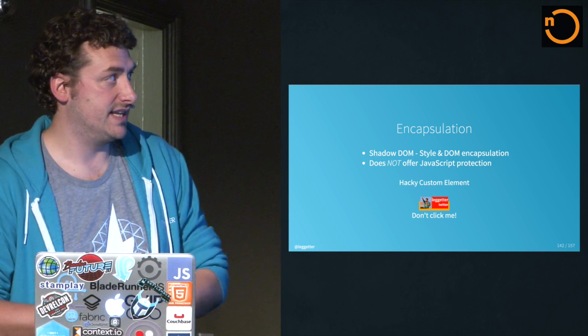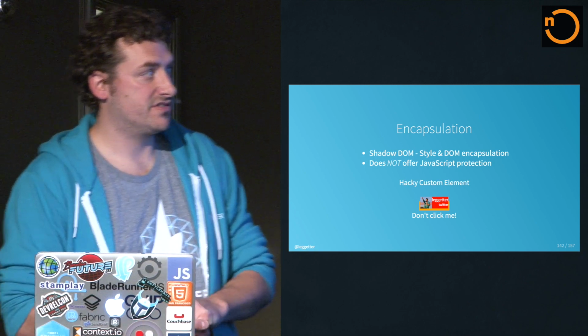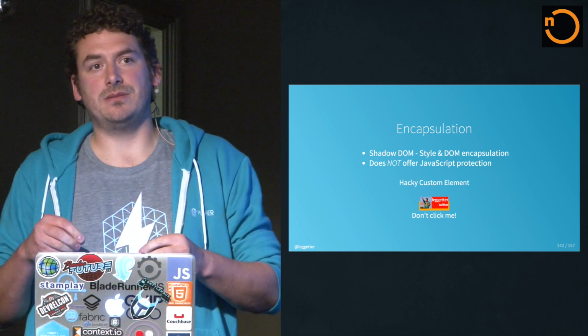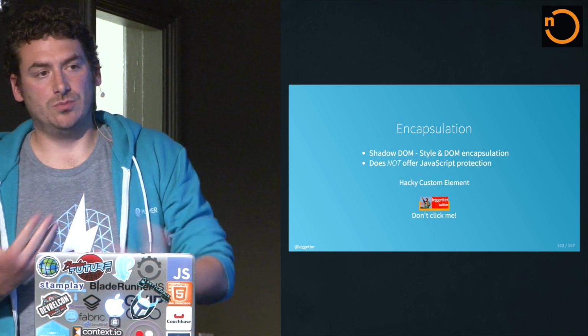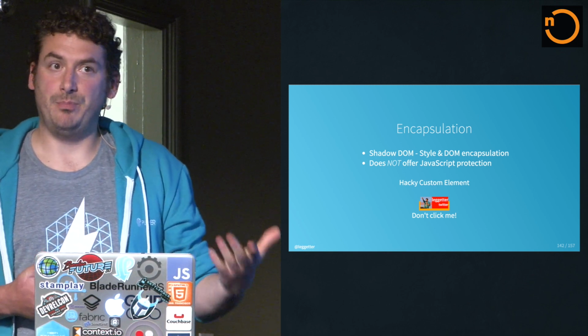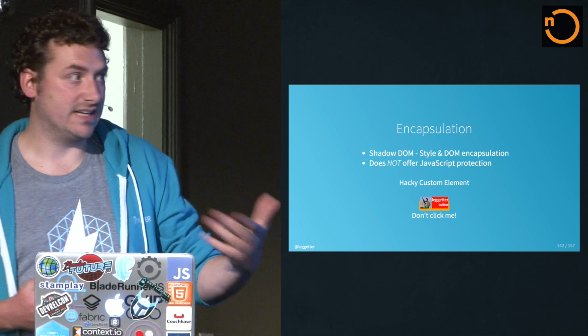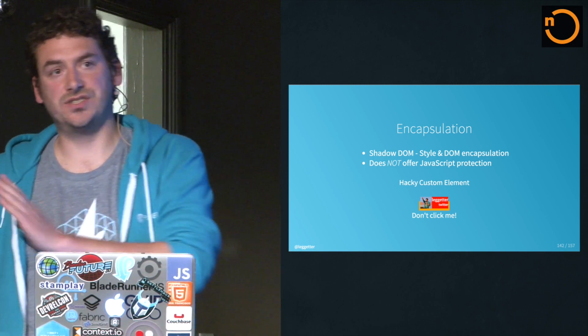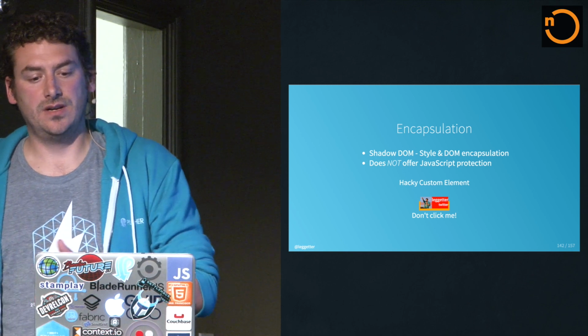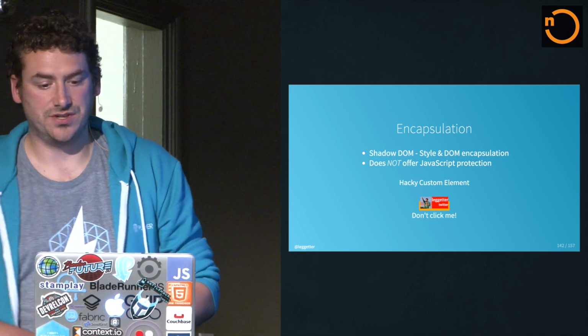Shadow DOM naturally supports that. It doesn't offer JavaScript protection. So at the minute, JavaScript can reach out of an element and mess with your page. In some ways, iframe is probably right now better for that. So if you need that sort of functionality, you can look at iframes. But there's talk in version 2 of web components to offer that level of JavaScript protection too.